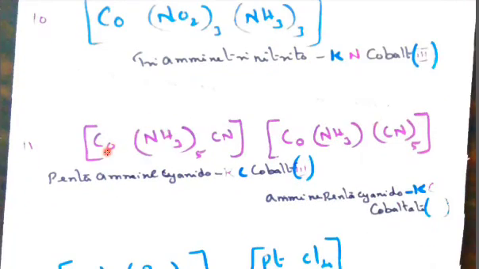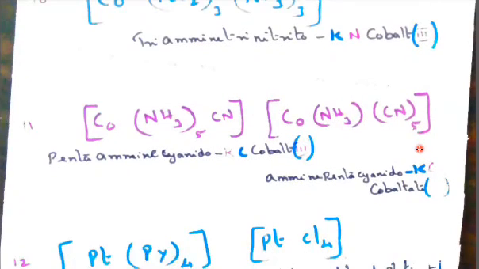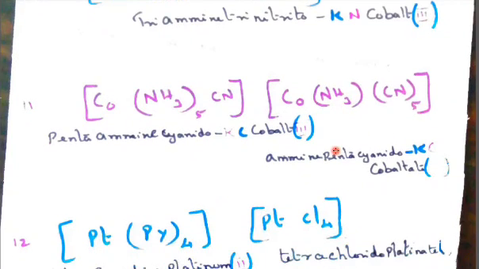Next example, [Co(NH3)(CN)5], and another one, [Co(NH3)5(CN)]. Here ammine is a neutral ligand and cyanido is a negative ligand. Both are unidentate, so no problem of naming. 5 means penta.